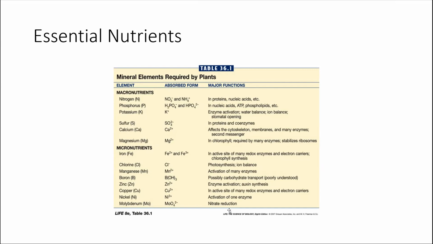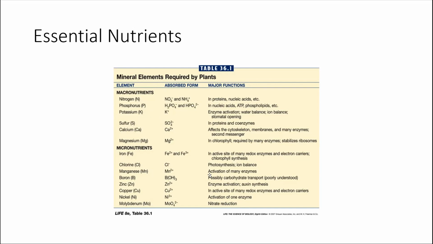And this is a more technical table in regards to what the function within the plant is. There's a big part of me that understands this is very important to understand if you are in botany or going on to do some sort of research.